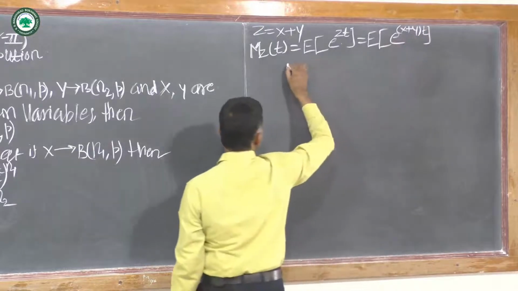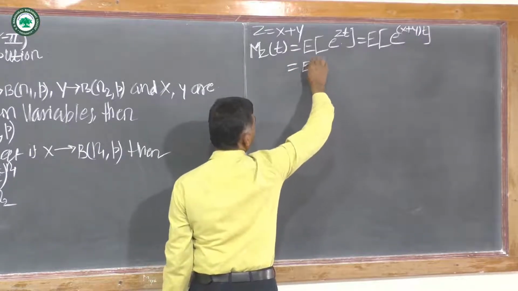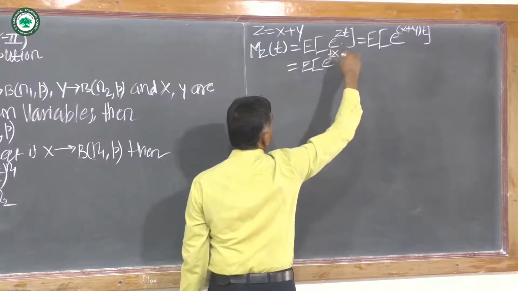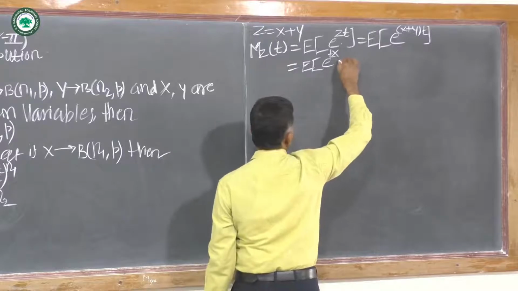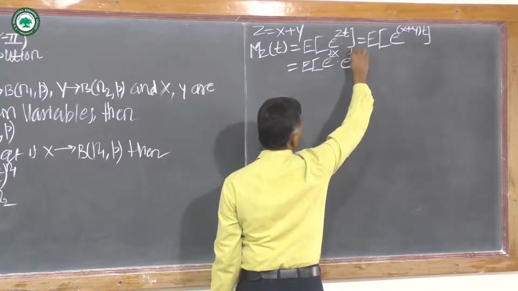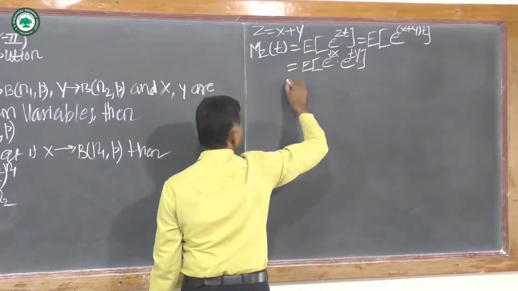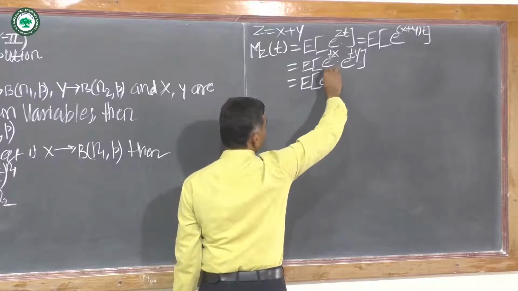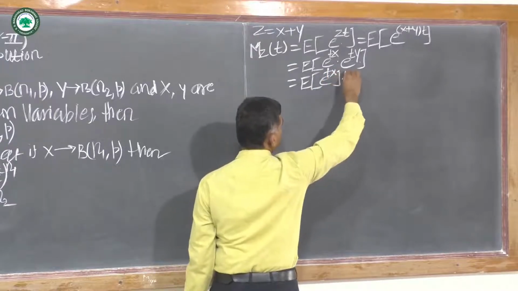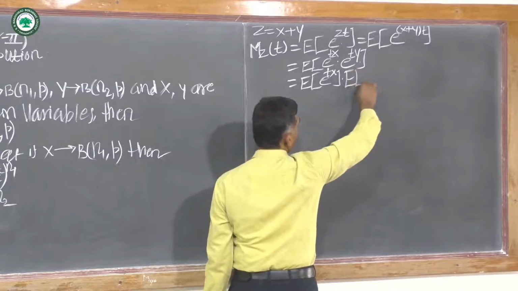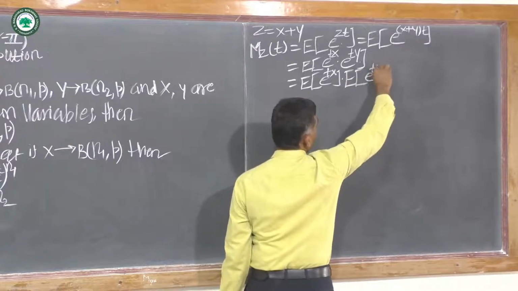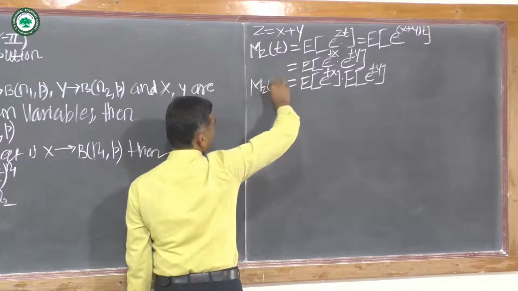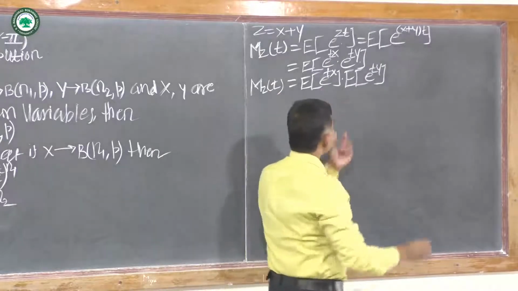So this can be written as expectation of e raised to t X into e raised to t Y. Again this can be written as expected value of e raised to t X into expected value of e raised to t Y.